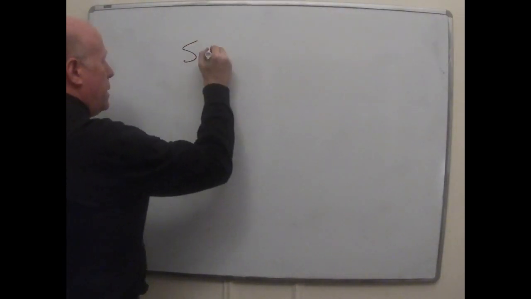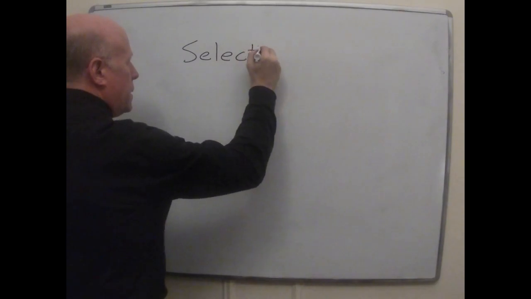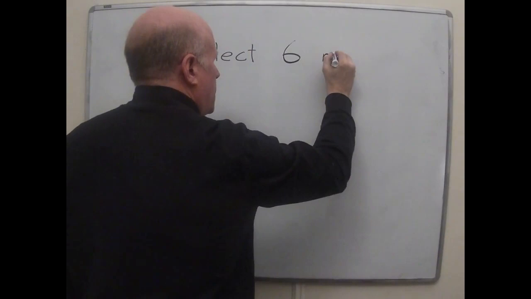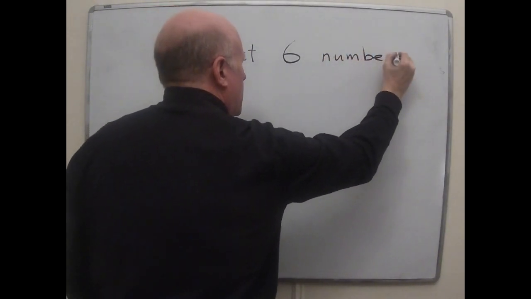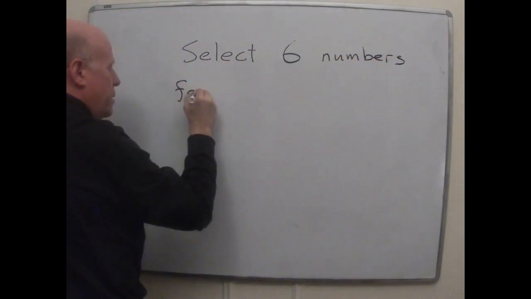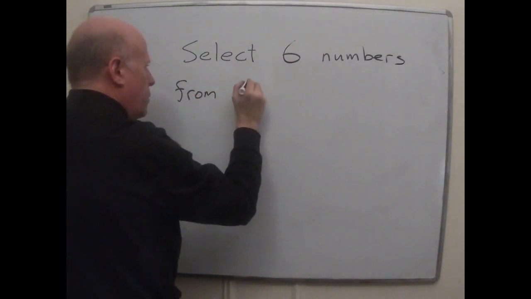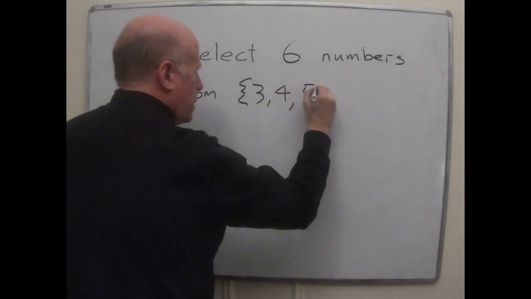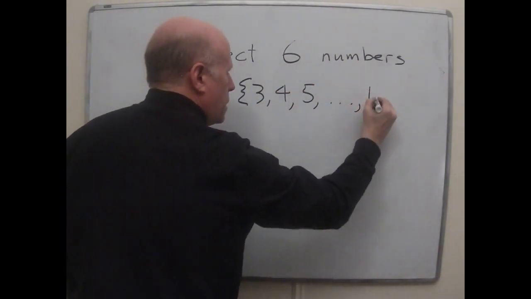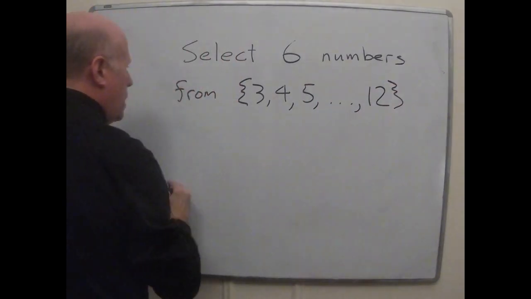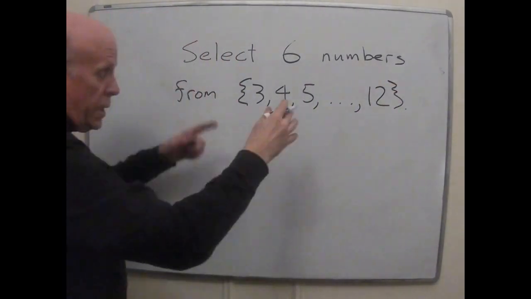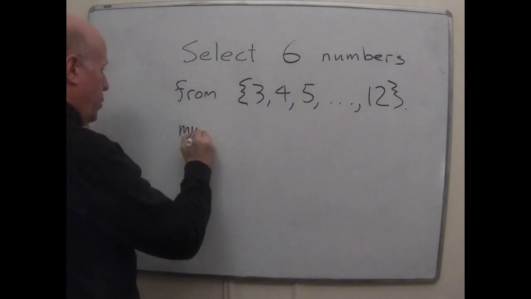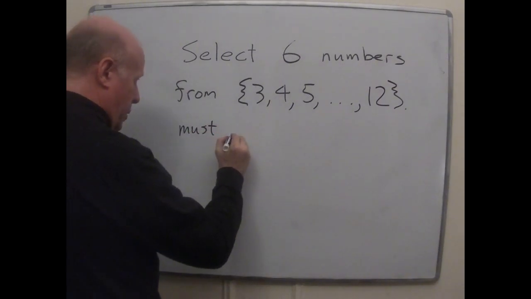You want to select 6 numbers from the collection of things that goes from 3 to 12. All right, so select 6 numbers out of 3 through 12 in any way you like. Must there be 2 that add up to 15?